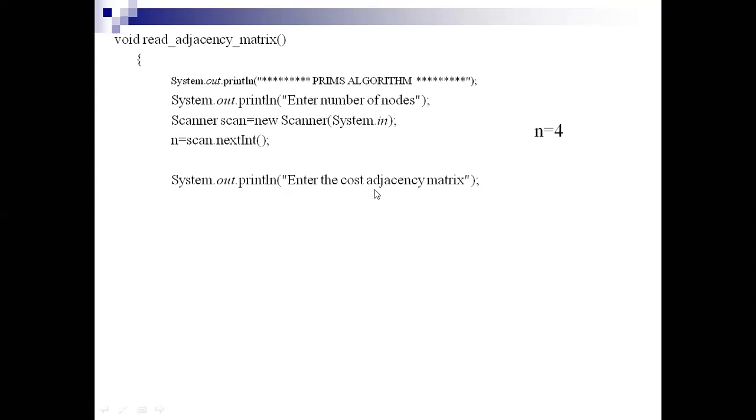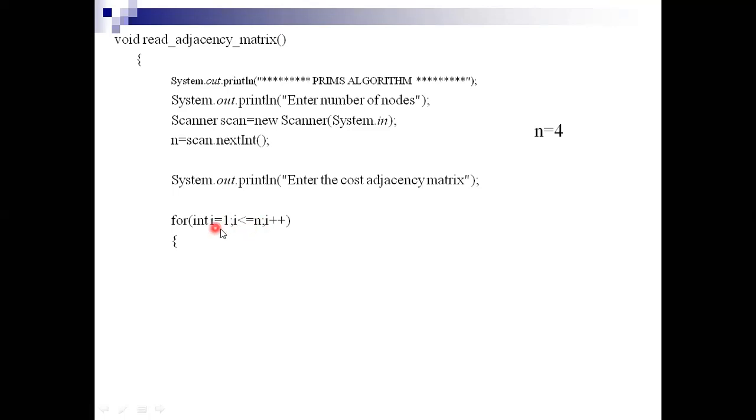System.out.println, enter the cost adjacency matrix. The first for loop I write in this way: for int i equals 1, i less than or equal to n, i plus plus. As I said, I number the rows using numbers which start from 1 to n. So the row numbering starts from 1 to n: i equals 1, i less than or equal to n.